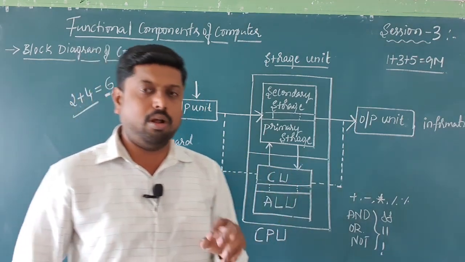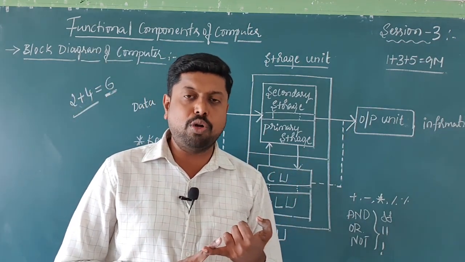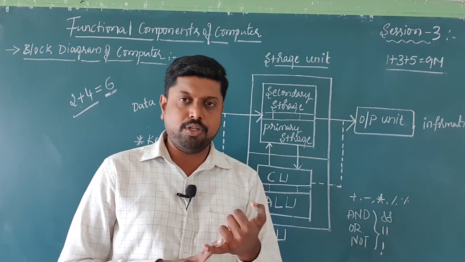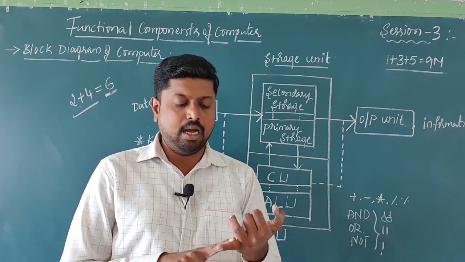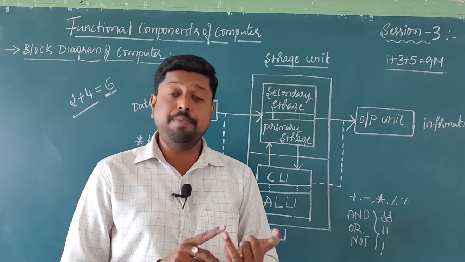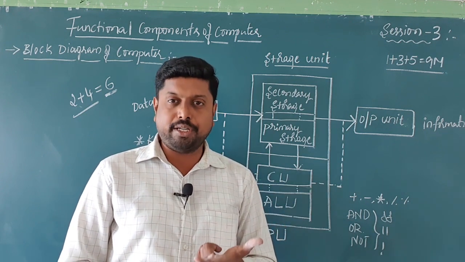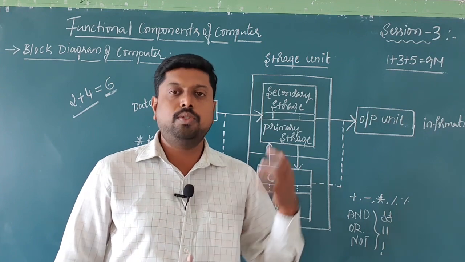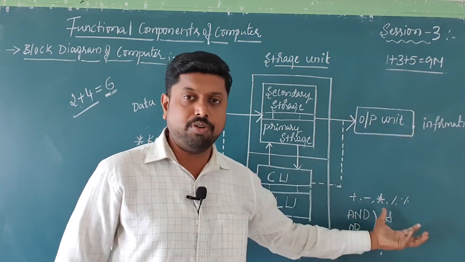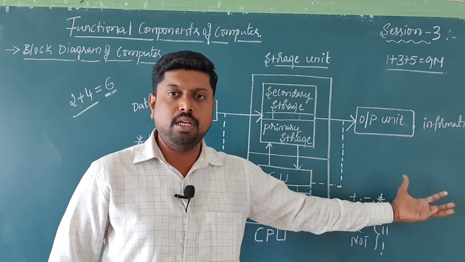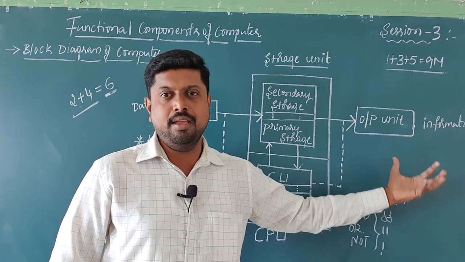Like that, a computer also has some output devices: monitor, printer, plotters, projectors, screens. All these are considered an output unit. With the help of that output unit, we have a chance to use the result.